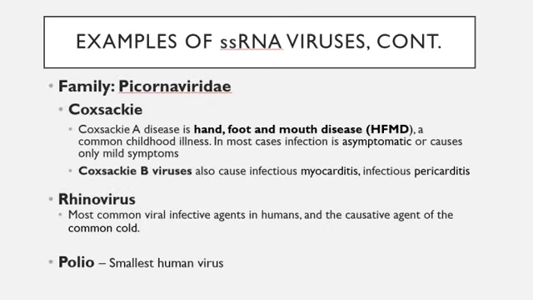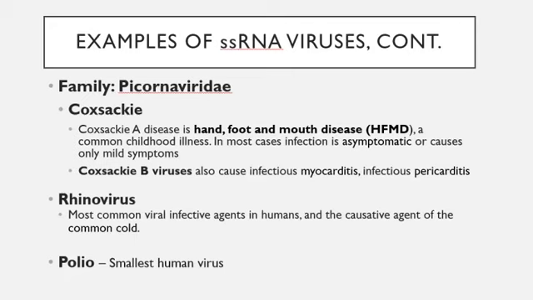Still moving on with our single-stranded RNA viruses, Coxsackie-A disease is also referred to as hand, foot, and mouth disease. This is a common childhood illness, and most cases of infection are asymptomatic or only cause mild symptoms. Coxsackie-B virus can also cause infections such as myocarditis and infectious pericarditis.